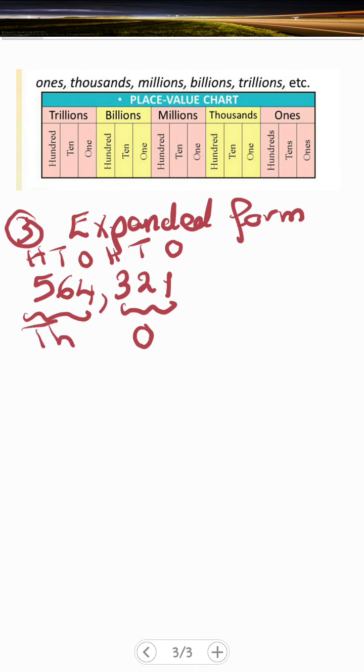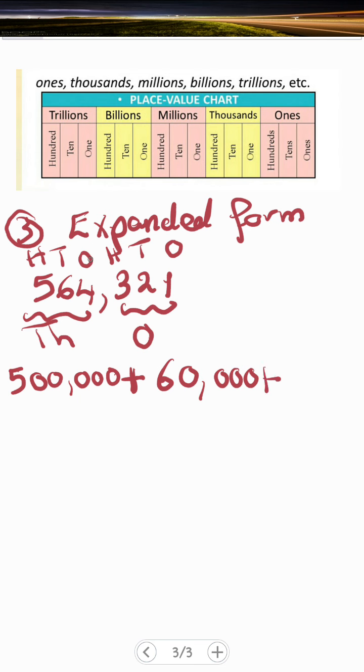Now, to write it in expanded form, we will start from the left-hand side digit. So the first one is 500,000. This is the first one. Plus. So we have to write plus between each digit and the other one. Then 60,000.